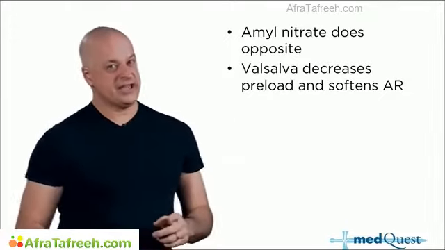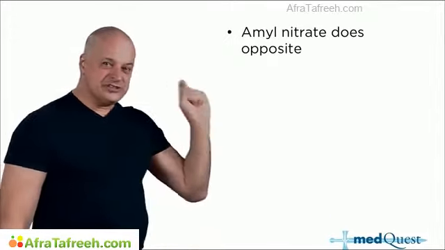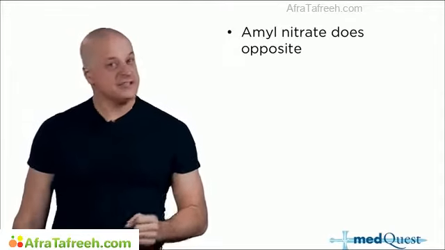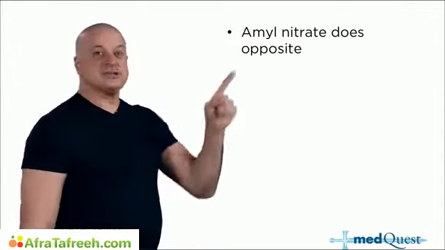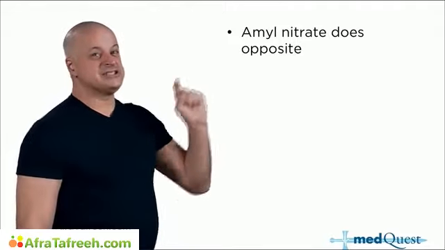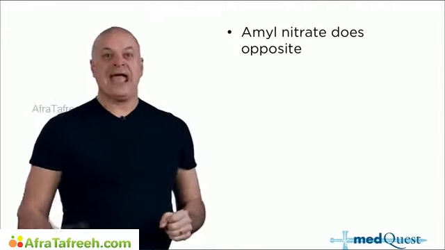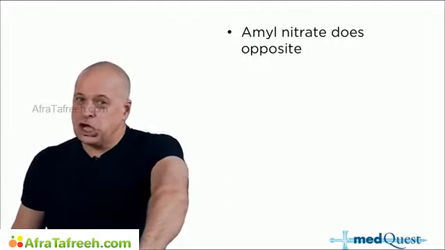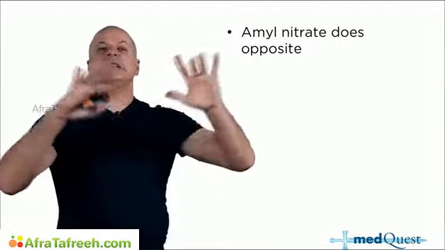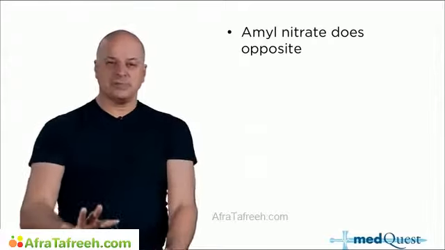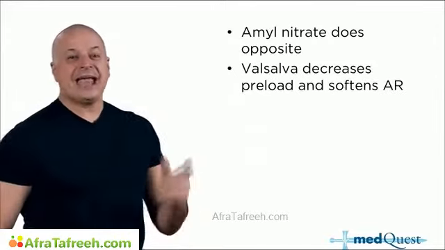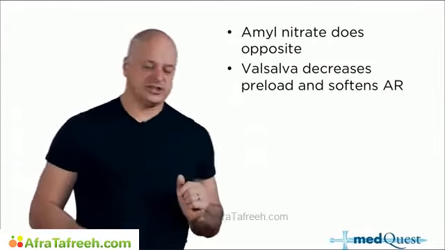Amyl nitrate is an arterial and venous vasodilator, so it decreases afterload. That's the major thing. Its effect is the opposite of hand grip. Hand grip squeezes the arteries. Amyl nitrate relaxes, gives relaxation to the arteries. And Valsalva decreases venous return.